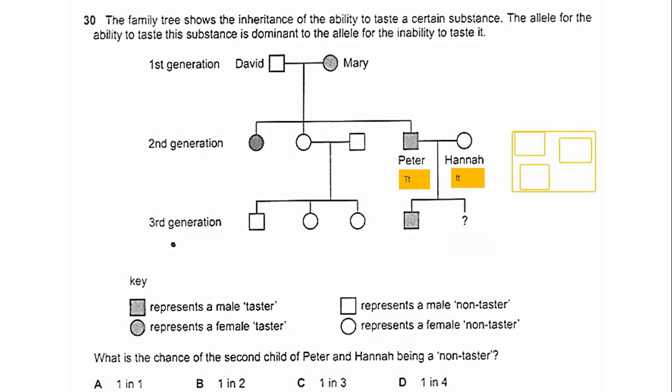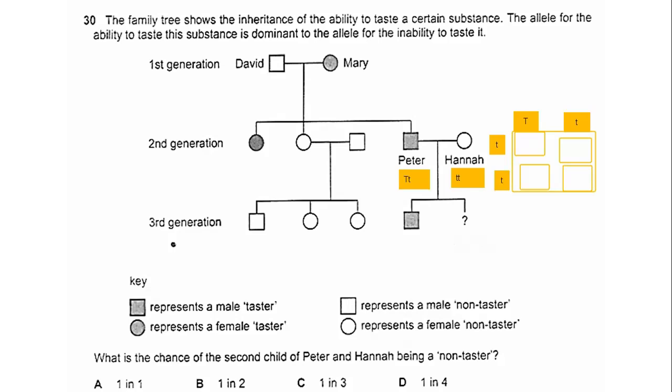I'm not very good at drawing. So here we go. We will have one of Peter's gametes here. Let's choose the dominant one. And the other gamete will be the recessive one. And Hannah's gametes are only recessive. Let's do the first option.